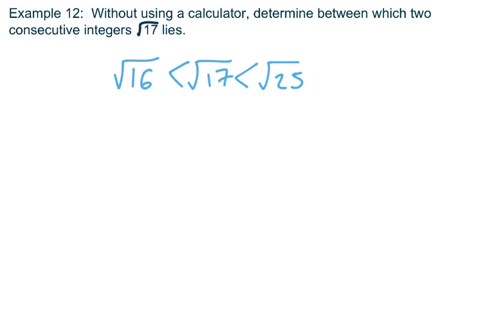That means that the principal square root of 17 would have to lie between 4 and 5, since those principal square roots are rational numbers that we can figure out. So without using a calculator, determine between which two consecutive integers the square root of 17 lies. It lies between 4 and 5.